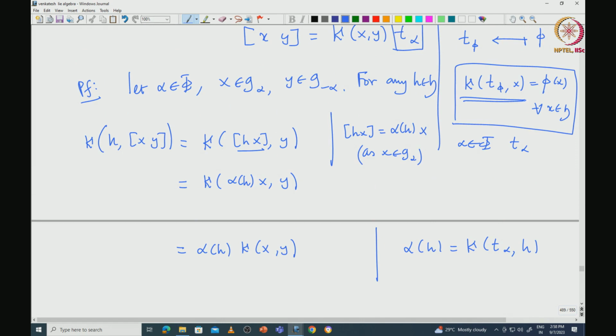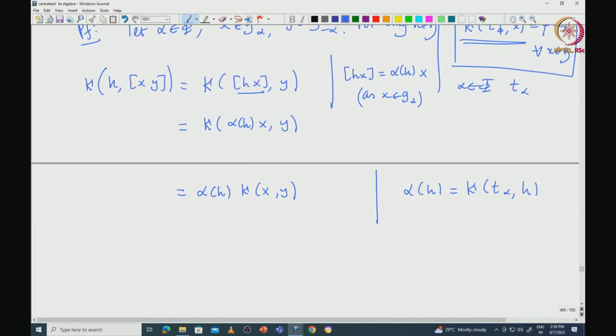We have that kappa of t pi comma x is nothing but pi of x for all x in h and pi in h star. In particular we have alpha of h equal to kappa of t alpha comma h. If you substitute that, we get kappa of t alpha comma h times kappa of x comma y.